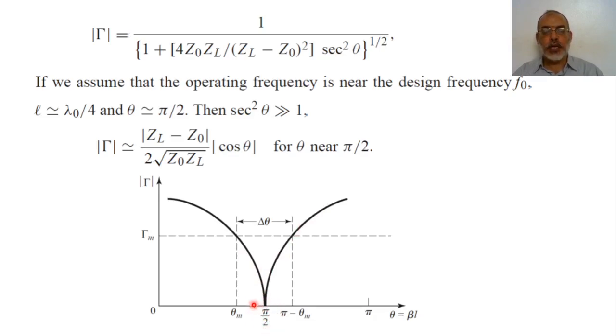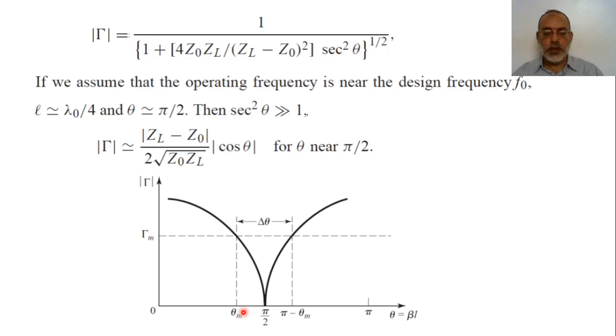At pi over 2 exactly, the reflection coefficient is 0, but when we move slightly positive or slightly negative around pi over 2, we have a higher reflection coefficient. And as I mentioned, this angle theta is actually beta L, and beta is 2 pi over lambda.